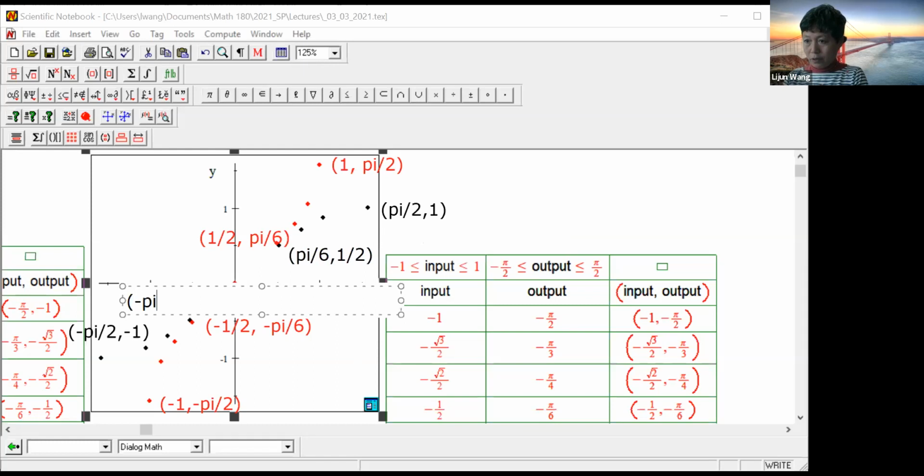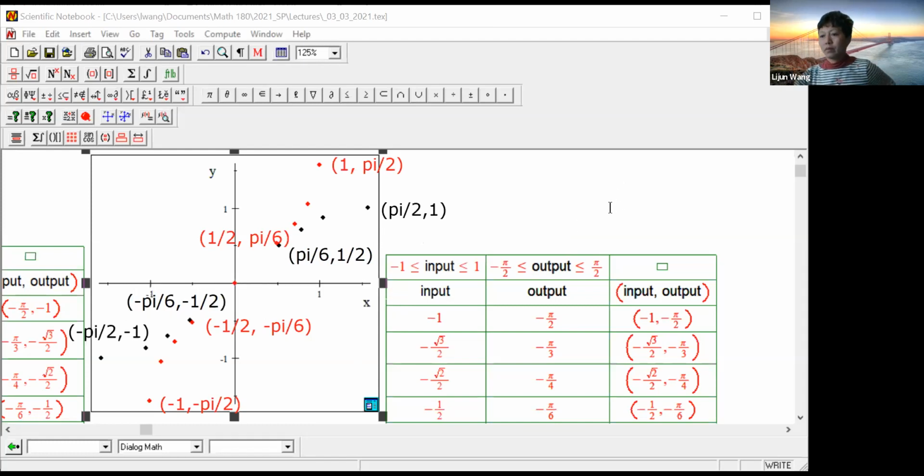Negative pi over 6, negative 1/2. I'm not marking all of the points because that would be so messy, but I give you these examples, but you are expected to know how each point corresponds to the other. And last but not least, we're going to connect the dots.